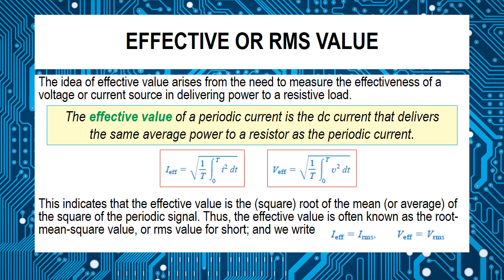Thus, the effective value is often known as the root mean square value, or the RMS value for short. And we write I effective equal to I RMS, and V effective is equal to V RMS.